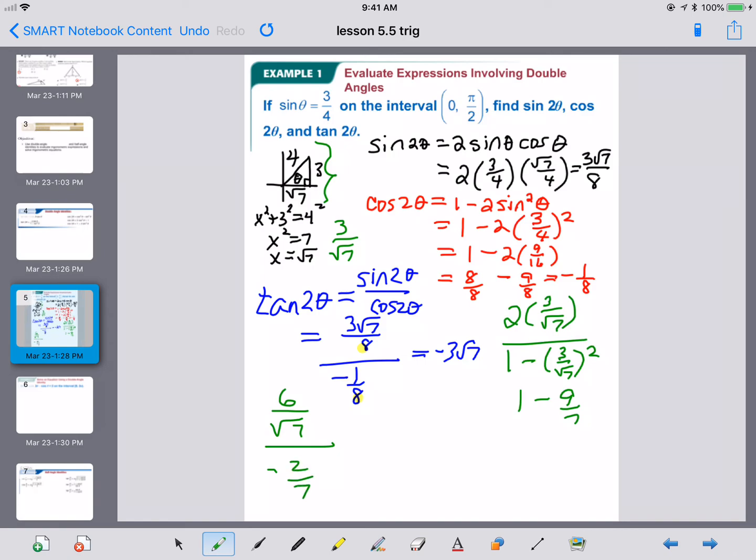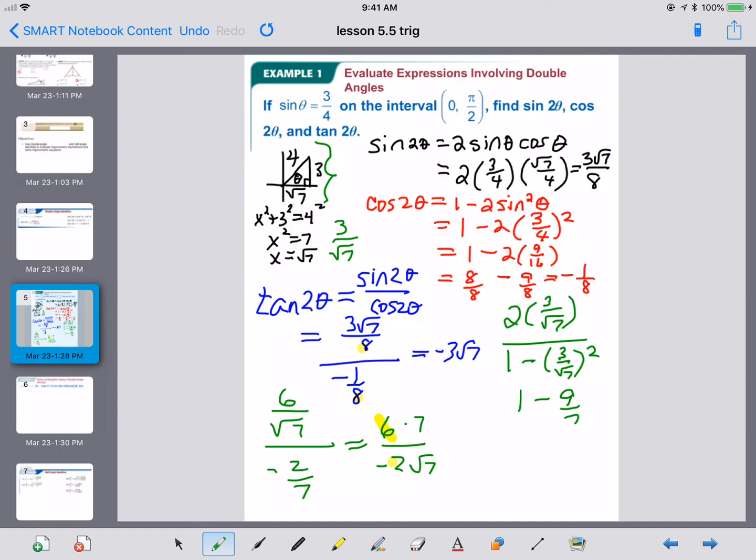And then let's do big C over little c. So that would be 6 times 7 over negative 2 radical 7. You'd have to rationalize. 2 goes into 6 3 times.